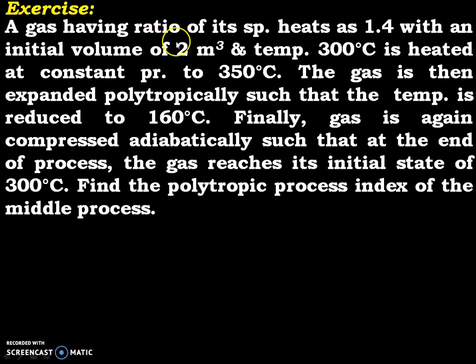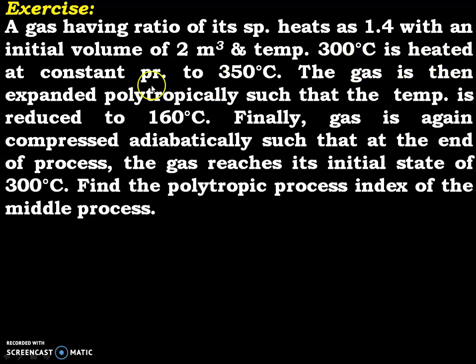A gas having ratio of its specific heats as 1.4. That is, they have given us the ratio of Cp to Cv and the value is 1.4, that is gamma, with an initial volume of 2 meter cube. So V1, initial volume, is 2 meter cube and temperature is 300 degrees Celsius. So initial temperature is 300 degrees centigrade.